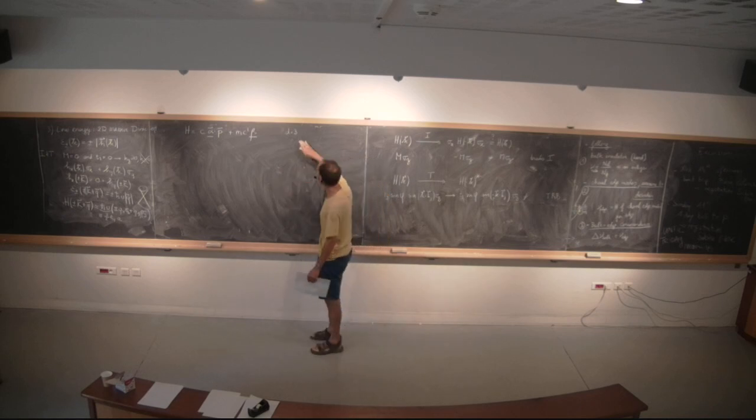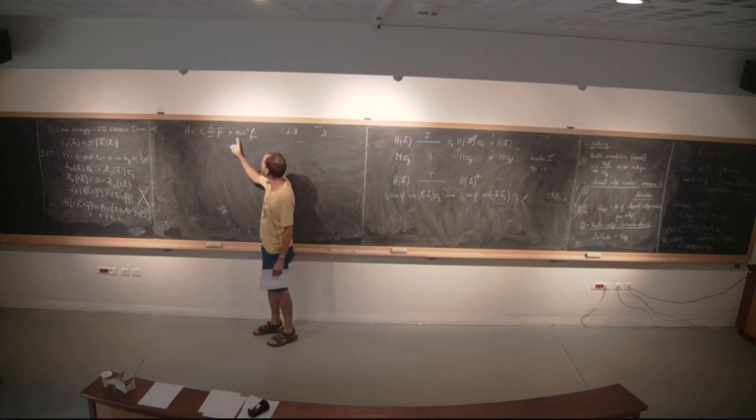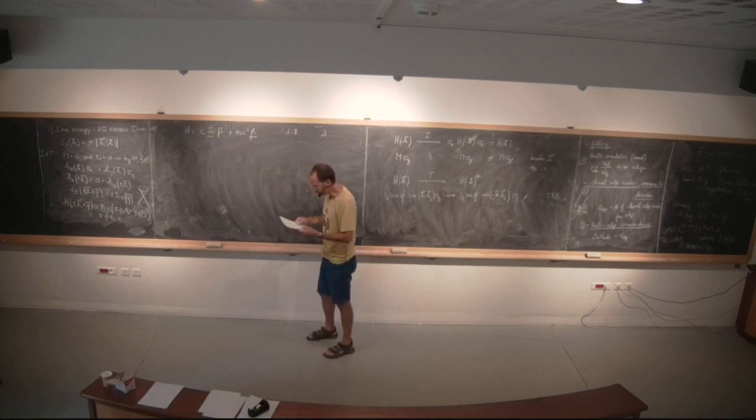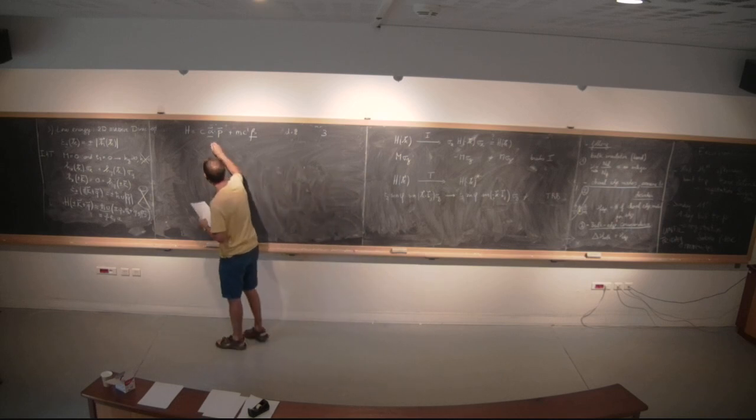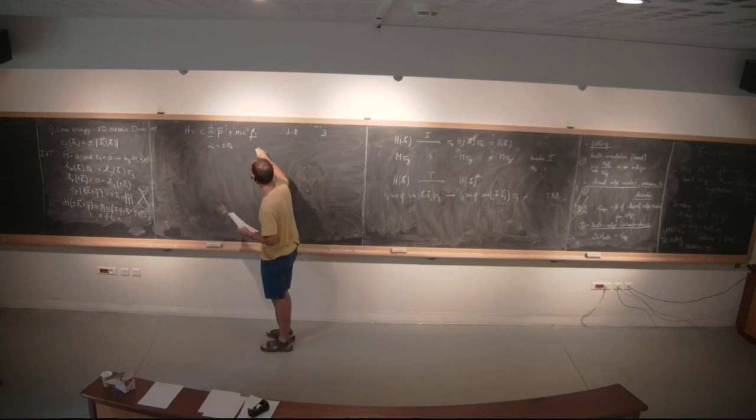But here we're in 2D. So in 2D, you actually only have 3 of these matrices: alpha x, alpha y, and beta. In our case, alpha x is either plus sigma x or minus sigma x, depending on the value. Alpha y is sigma y.